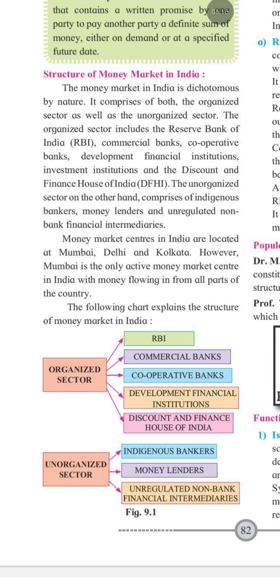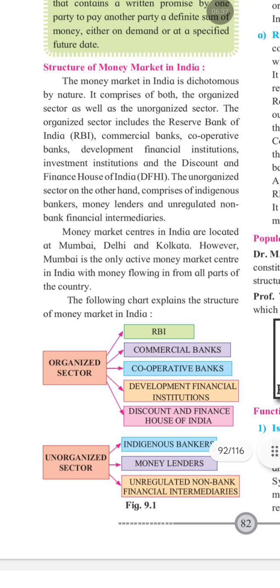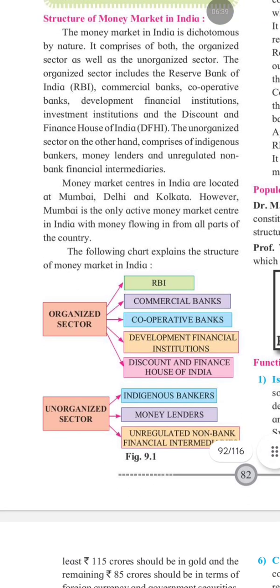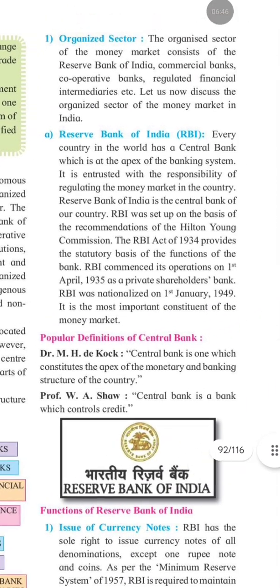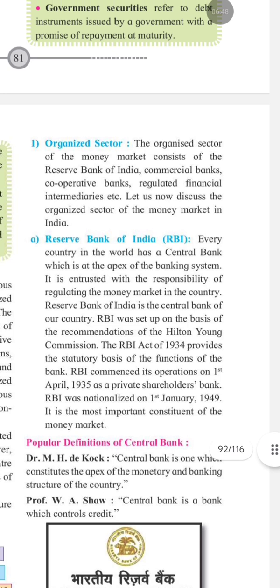These institutions are the Reserve Bank of India, commercial banks, cooperative banks, development financial institutions, investment institutions, and the Discount and Finance House of India, also known as DFHI. On the other hand, there is the unorganized sector. This sector includes indigenous bankers, money lenders, and unregulated non-bank financial intermediaries. These institutions do not function in the same organized manner as the regulated banking system.